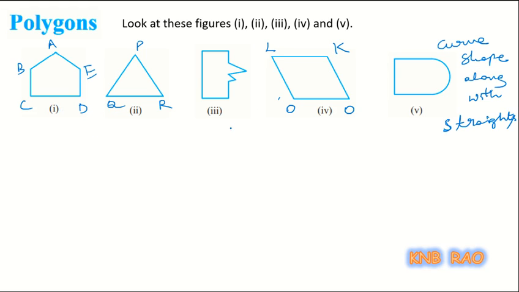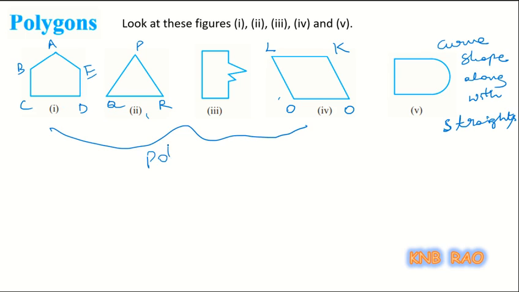So these 4 are made up of line segments. These are curves made up of line segments, whereas the fifth one is a closed curve, but not made up of only line segments. It is also made up of some sort of curve shape. Now children, remember, these 1 to 4 are called polygons.